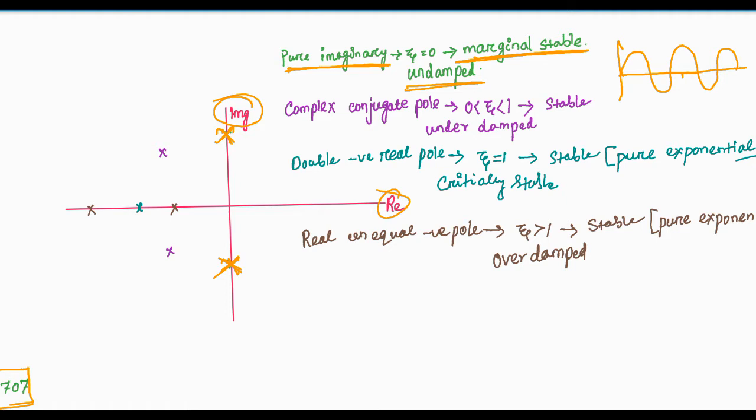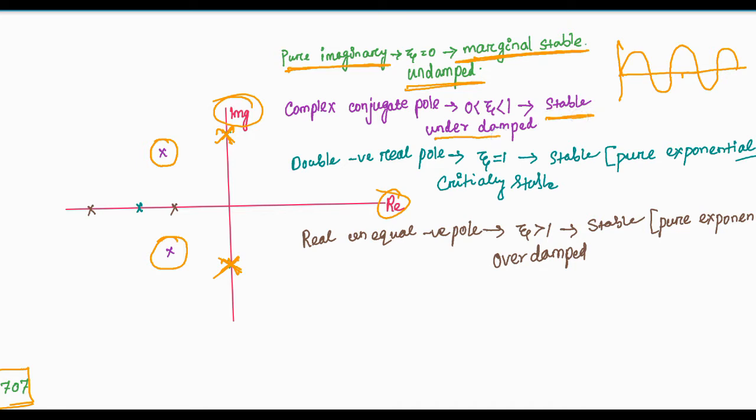And next is, if the complex conjugate poles, like in this question, here are the complex conjugate poles. What will this indicate? This indicates zeta value from 0 to 1, that means underdamped, and the system is stable.